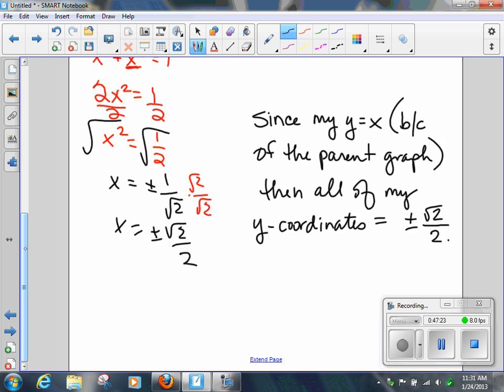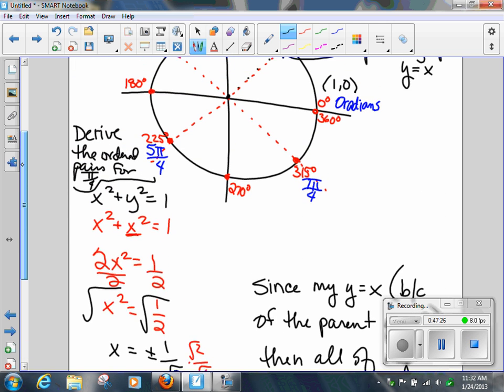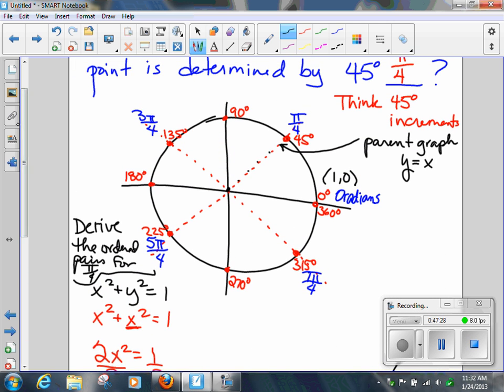Now, go back to your unit circle. Go back to the top. Be mindful of the quadrant in which these angles lie. The first quadrant's positive, positive, isn't it? So that terminal point is root 2 over 2, root 2 over 2. Quadrant 2, terminal point for 3 pi over 4 is going to be what?